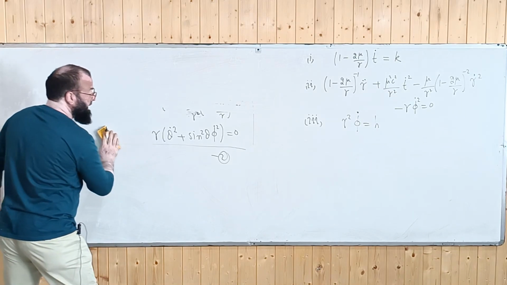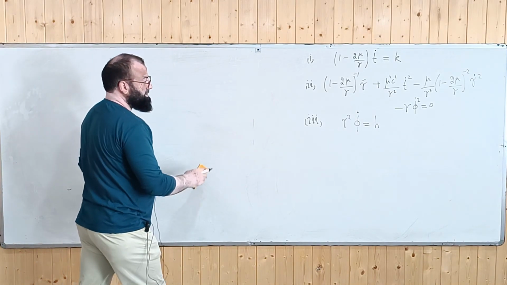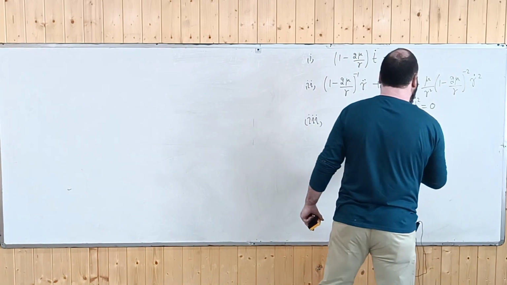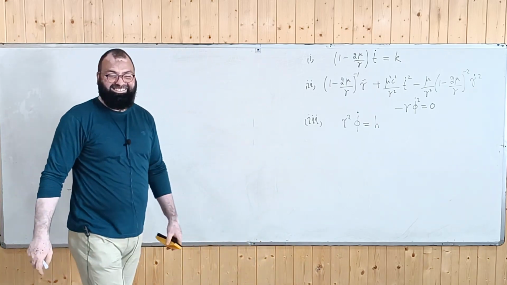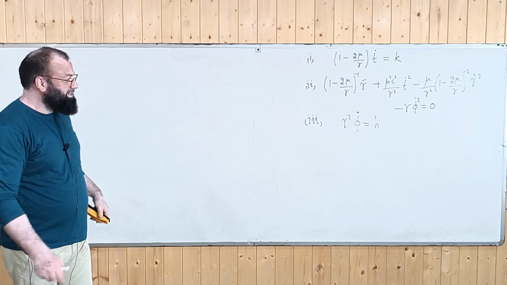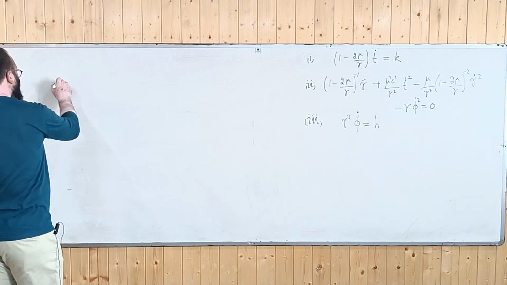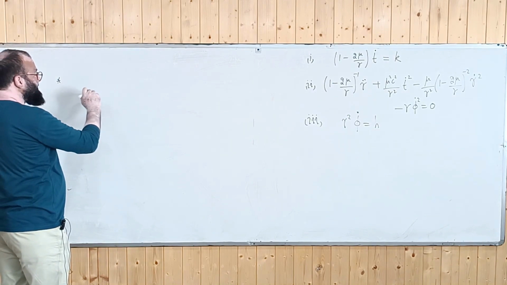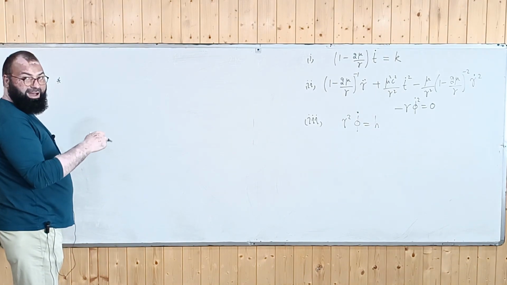Let's interpret the k constant and the h constant. It's not 0, it is h. Oh, sorry, this is 0, the h is here. Clear? So we will interpret these constants k and h. First, what is the momentum corresponding to the phi variable?